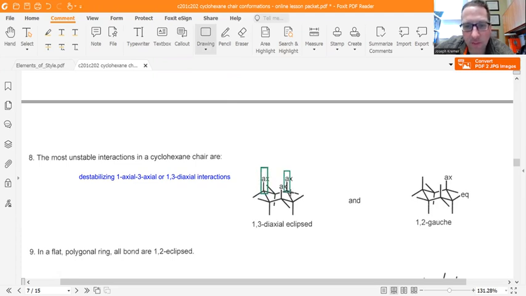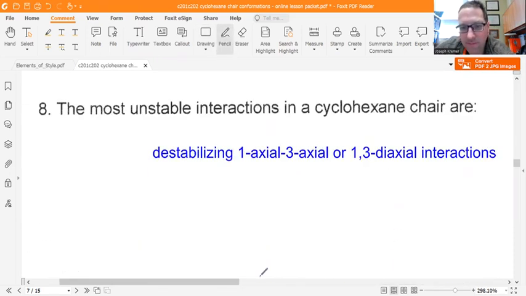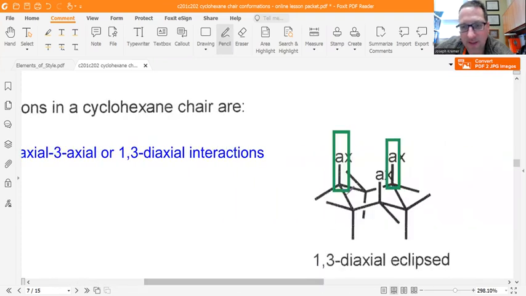There's carbon 1 in the chain, carbon 2, carbon 3. I can number them if you like. But that's as bad as it gets for a chair conformation. Carbon 1 of the, excuse me, I just said chain. Please swap that to ring. So carbon 1, carbon 2, carbon 3. So these axials are just kind of getting in each other's way, okay?